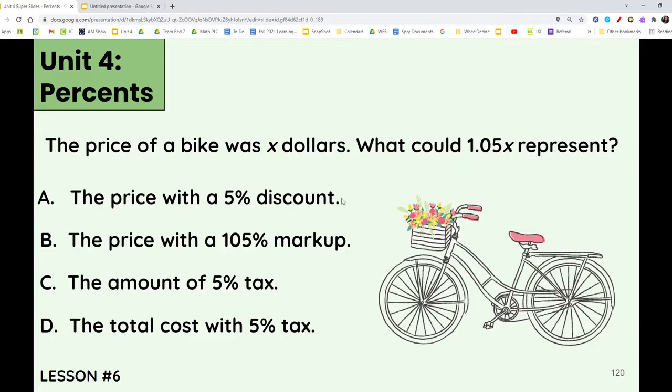So it can't be A because A is a 5% discount, which means you'd only have to pay 95%. It can't be B because if there was a 105% markup, you'd have to pay 205%. It can't be C because if we're just finding 5% tax, we'd multiply by 0.05. It has to be D because if you're paying 1.05, that's the total cost with 5% added on.